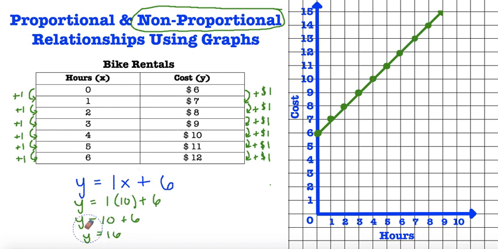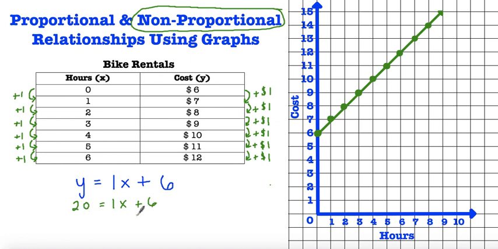Or if we knew that the cost was $20, it would be 1 times x plus 6. We'd have to solve to see how many hours it would take for it to cost $20.